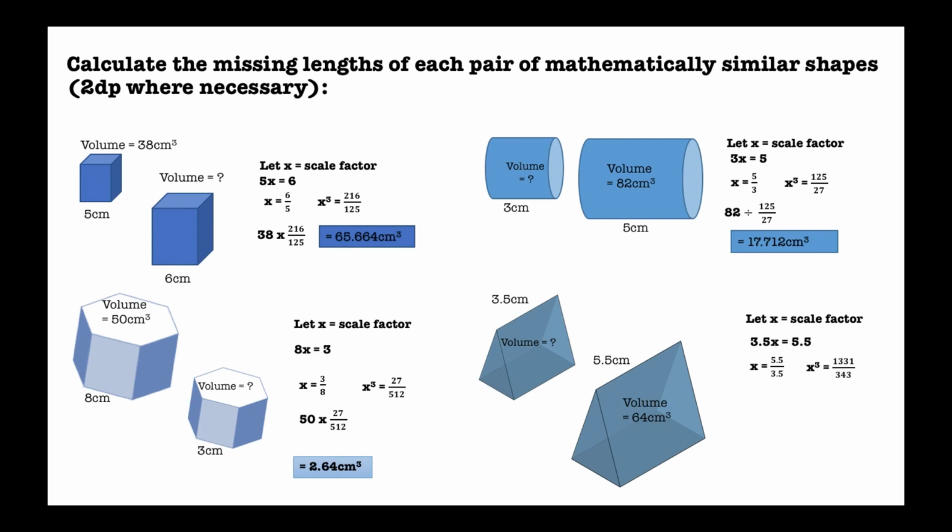We can then cube that, giving us 1,331 over 343, and then we divide by that, so we do 64 divided by this amount to get back to the smaller shape. To do that, it gives us 16.49 centimetres cubed to 2 decimal places.